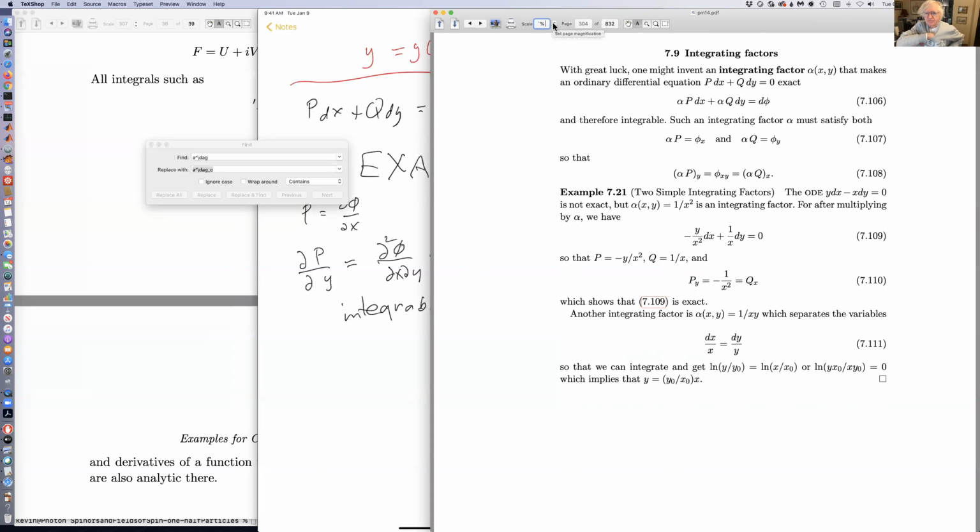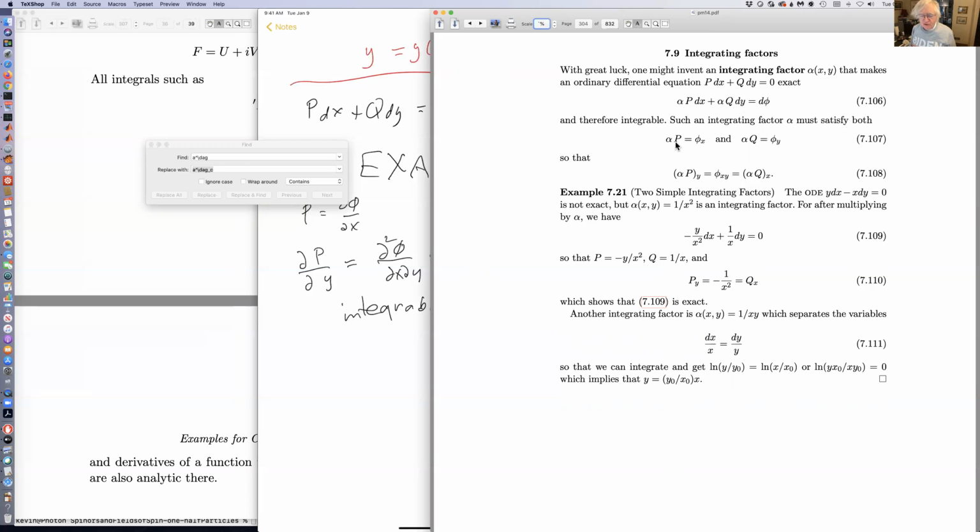And the idea is that if you have a differential equation and it's not exact, or you don't know if it's exact, well, let's say it's not exact, you can sometimes invent an integrating factor, that's to say a function such that if you multiply the whole differential by that integrating factor, say alpha, then you get alpha p dx plus alpha q dy, and that actually is the differential of something. And so the equation becomes integrable.